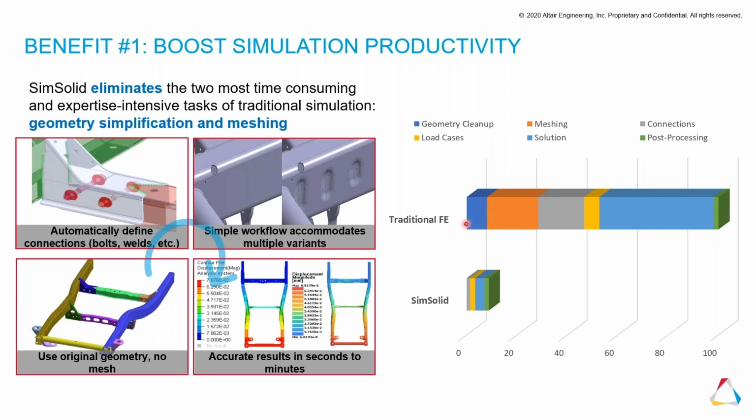The top one has many sections, and the most time-consuming are the blue one, called solution, the orange one, called meshing, and the gray one, which is connections creation. These three major pies take major chunks of time if you go conventionally, and they are either altogether eliminated or reduced drastically within SimSolid, and that's why you are getting a time saving in the range of say 80%.